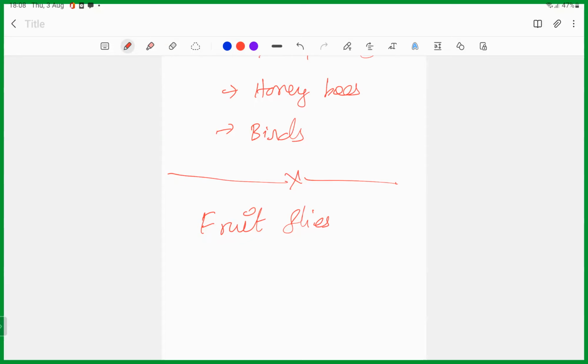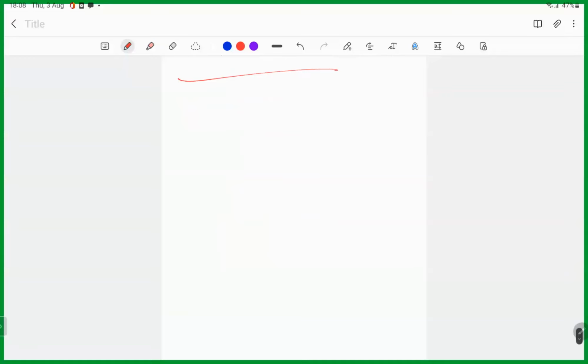And apart from that, you should be thorough with the terms, especially for the board pattern. Sometimes they may ask many questions about molecular genetics. What is molecular genetics? It is the study of molecules which determine inheritability.